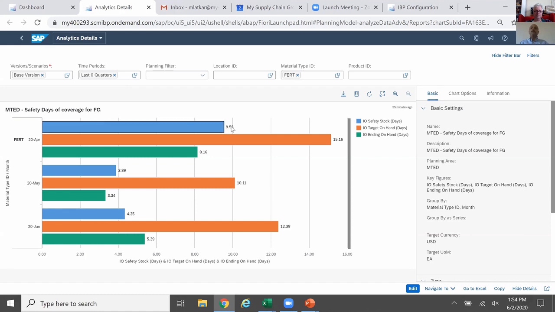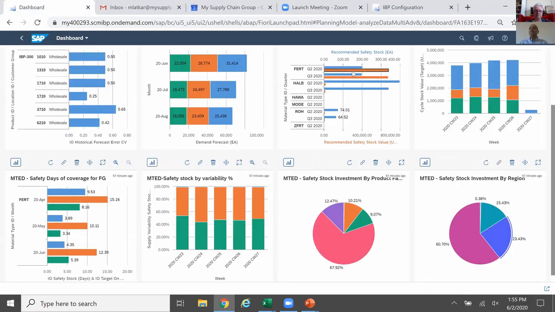It tells you the number of days your safety stock can cover your demand. Target on hand days: you need to keep this much safety stock, 15 or 16 days. Yeah, so the 15 days of safety stock is what I need to have a service level of 99%, and to cover the demand in the future.